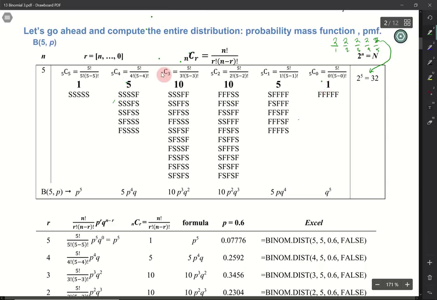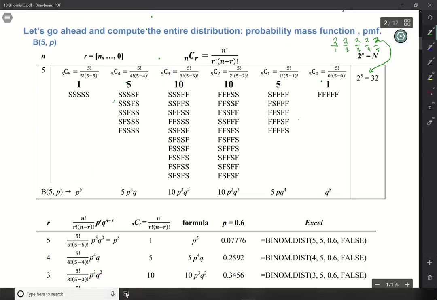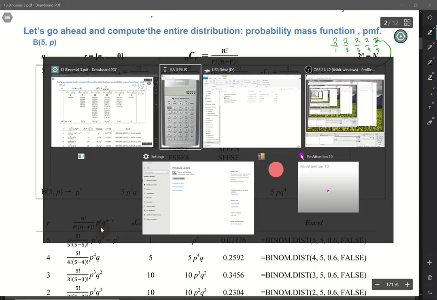And so it's important to remember that this NCR function is what it gives you.